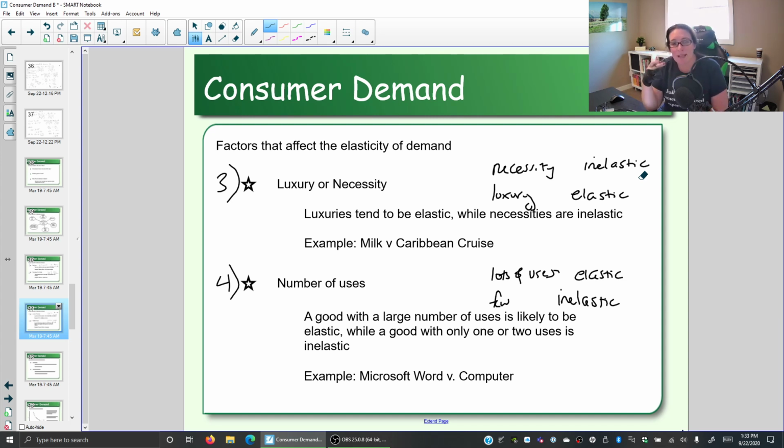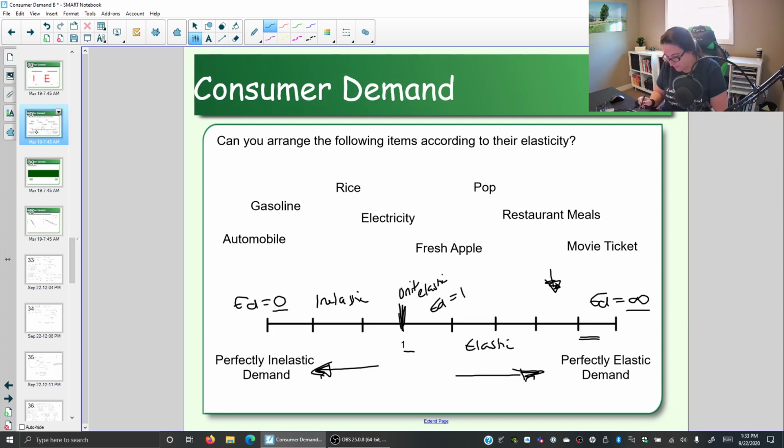Now, as we see the competitors start to offer similar features, so if we look at Microsoft Word, and now you have Google Docs and you have the Mac Pages, there are a number of substitutes that provide similar uses. What happens as we move along the continuum, so we were more inelastic, now we're moving this way towards more elastic, more sensitive to the price.